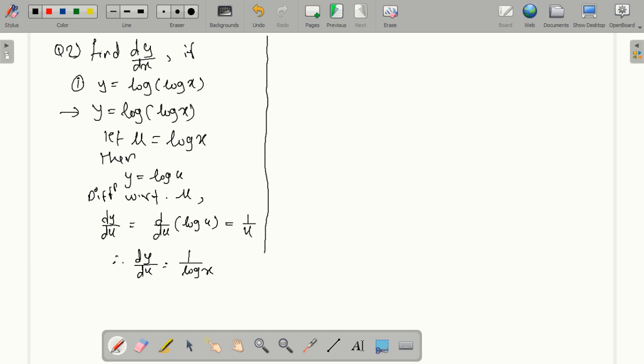So let's find the derivative of u with respect to x.